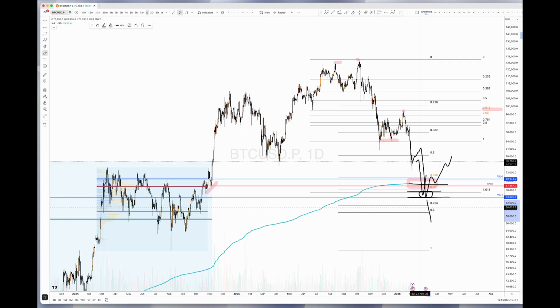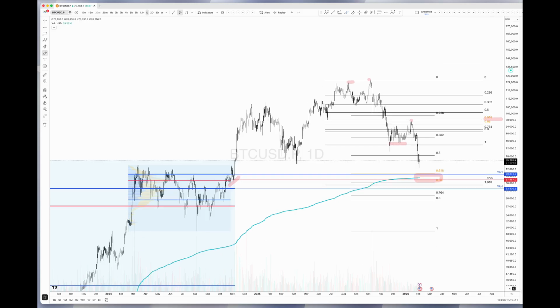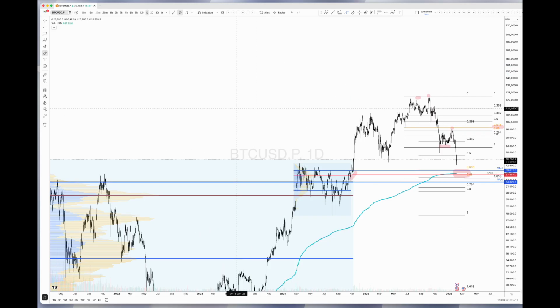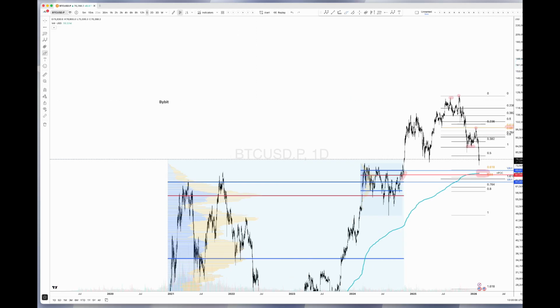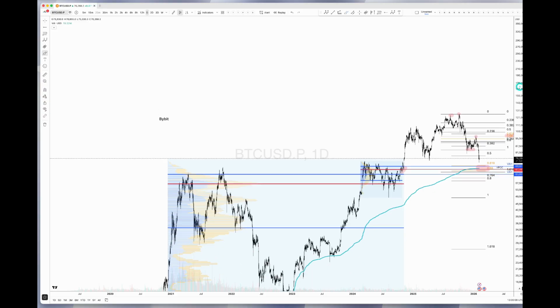If it does, you better have your stop loss below this value area high. The liquidity is there, and this likely dips before it goes up. So the anchored VWAP does a good job. If we do our anchored VWAP from a few angles, let's do this for a sec.